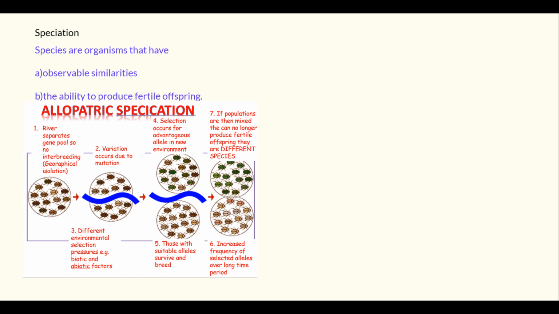And when we have geographical isolation, the individuals on either side are unable to reproduce or unable to interbreed. Now that point 1 is very new information. The rest of it is exactly the same as selection. So we have two populations on the top and the bottom of the river.